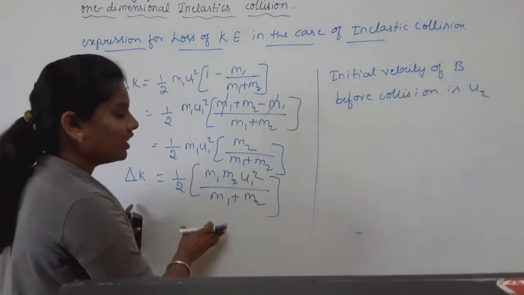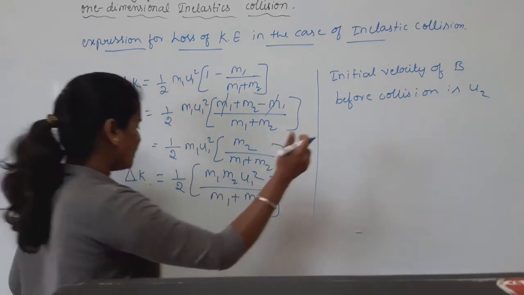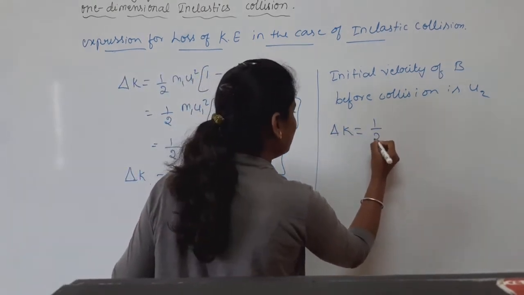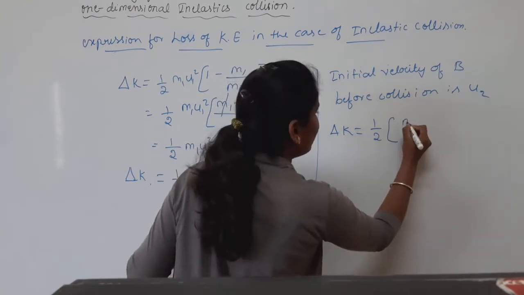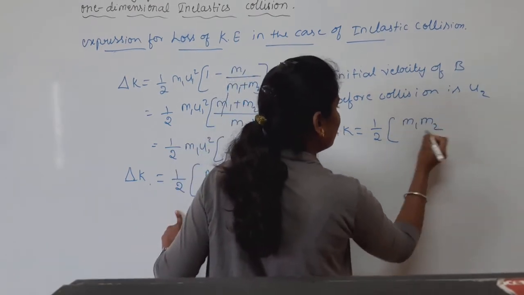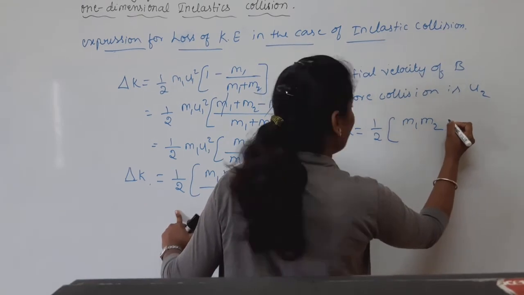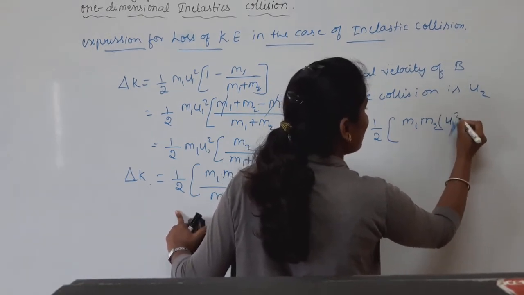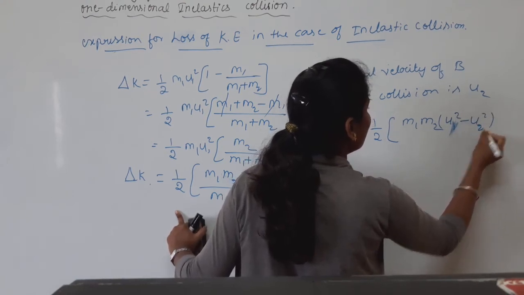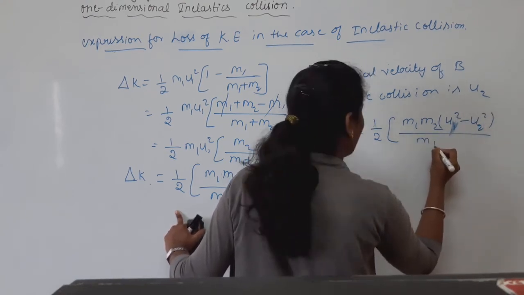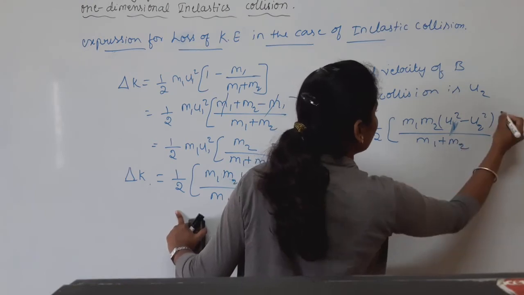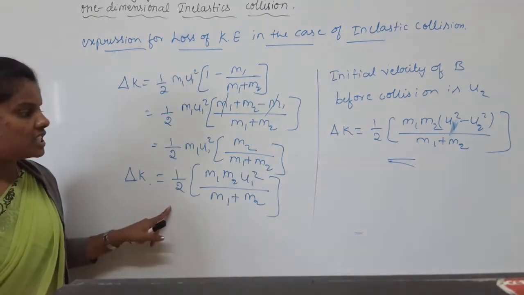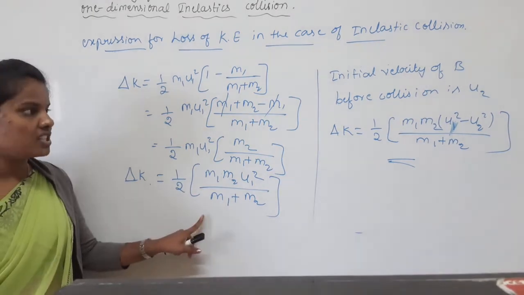Therefore, according to this equation, simplifying, delta K equals 1 by 2 m1 m2 into (u1 square minus u2 square) whole thing divided by m1 plus m2. This is regarding the loss of kinetic energy in the case of one-dimensional inelastic collision.